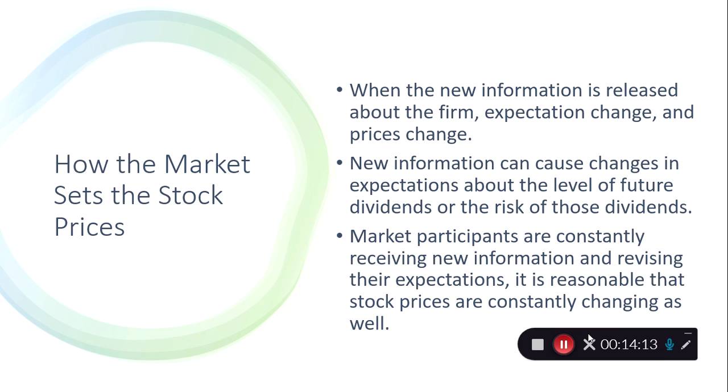New information can cause changes in expectations about the level of future dividends or the risk of those dividends. And market participants are constantly reviewing new information all the time, and then they revise their expectations all the time. That's why it moves every second. It is reasonable that stock prices are constantly changing as well because of this Gordon growth model.